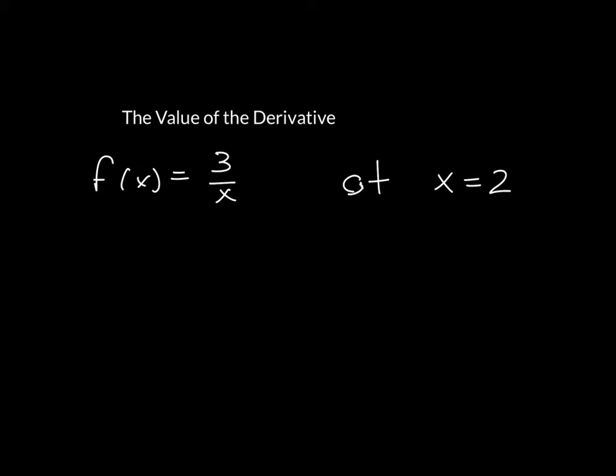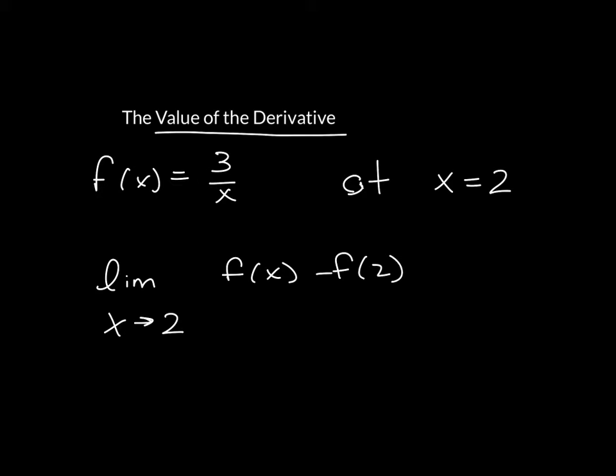All right, so the value of the derivative means the same thing as find the slope of the tangent line. It's just a little bit of a different language. We're still doing the same thing. The derivative is the limit, in this case, as x approaches 2 of f of x minus f of 2 all over x minus 2.